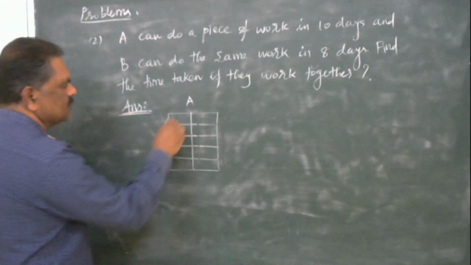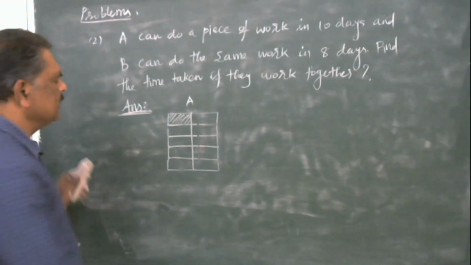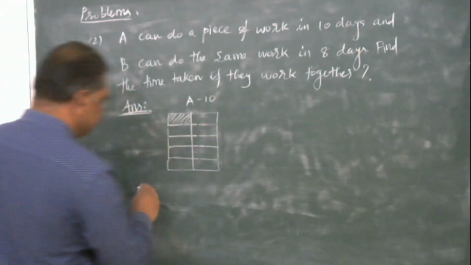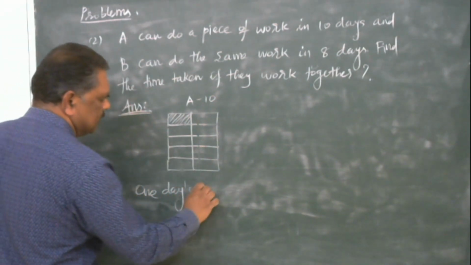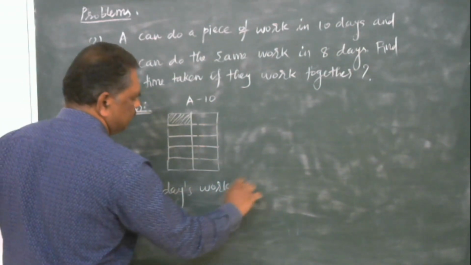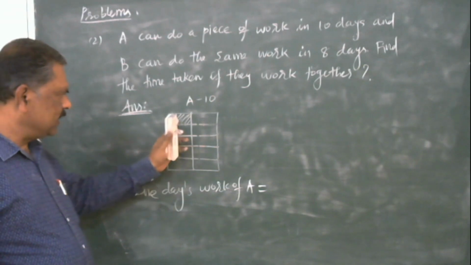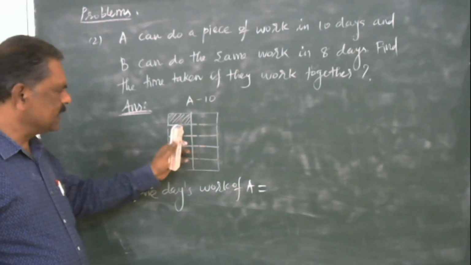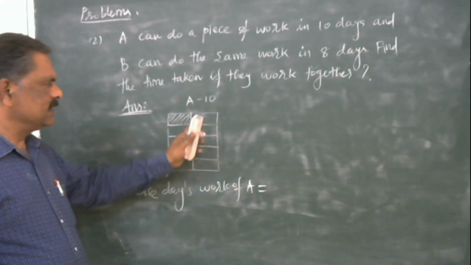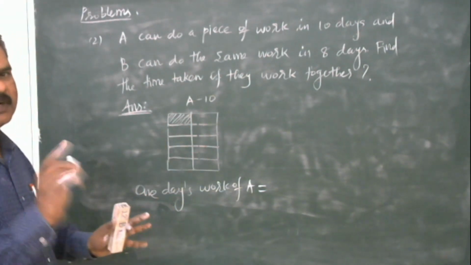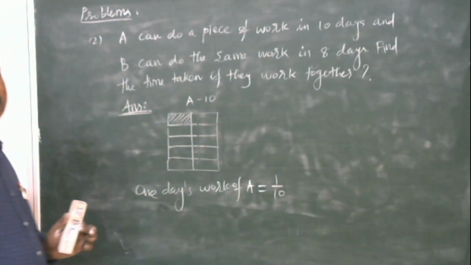So one day how much work will he be doing? A can complete it in 10 days. So we need to write 1 day's work of A. Out of 1 day he will complete only this much portion. Second day, third day, fourth day, fifth day, sixth day, seventh day, eighth day, ninth day, 10th day the work will be completed. So 1/10 of the work will be completed by A in 1 day.